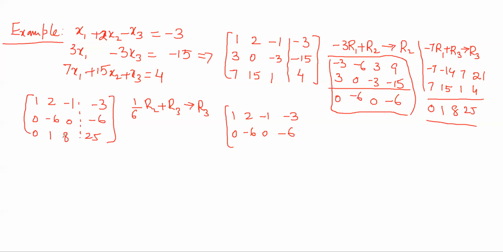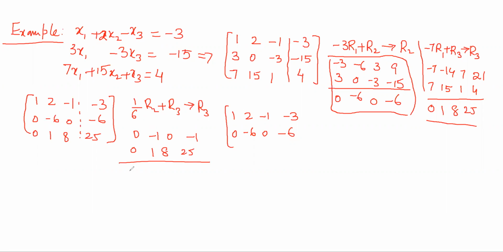So for example, if I divide this row by -6, what will be the arithmetic over here? 0 will be 0, and divided by 6, it will be -1, 0 will be 0, and then -6 divided by 6 is -1. And then third row will be 0, 1, 8, and then 25.